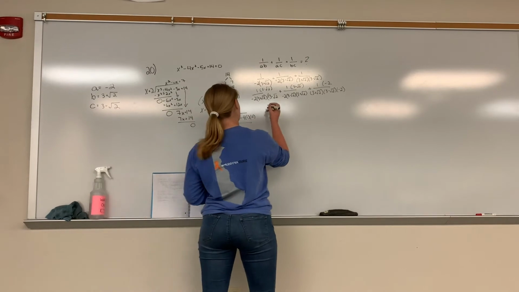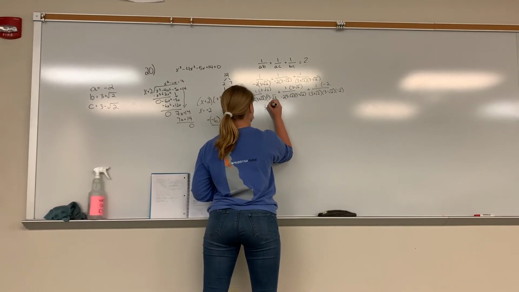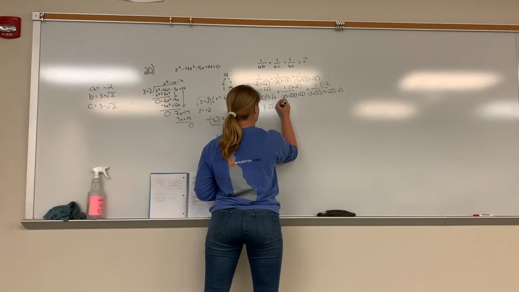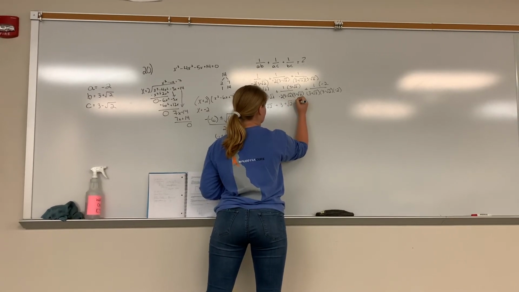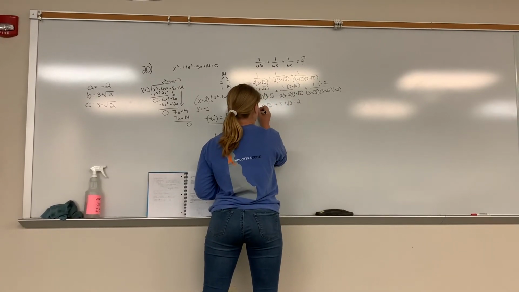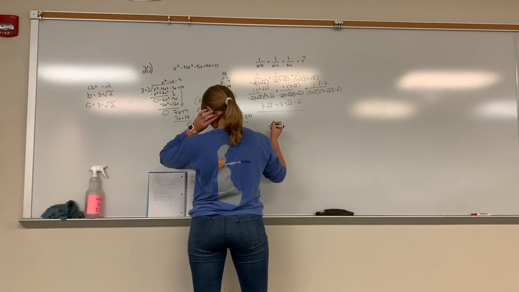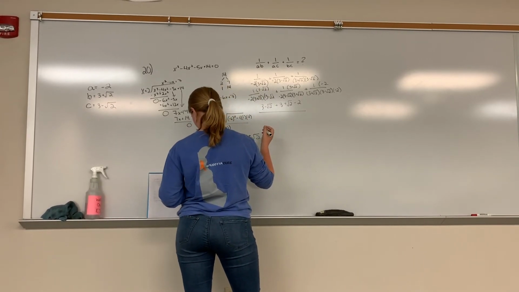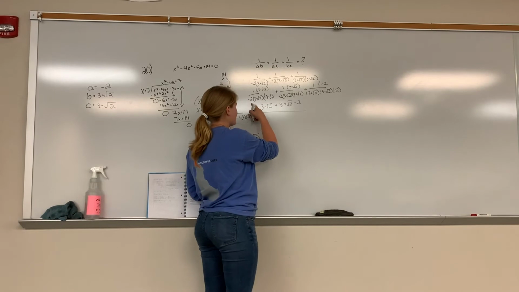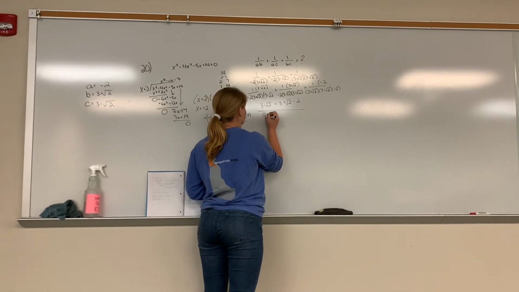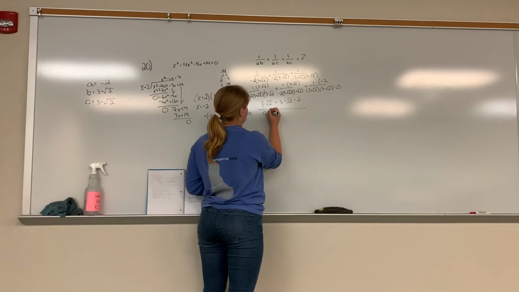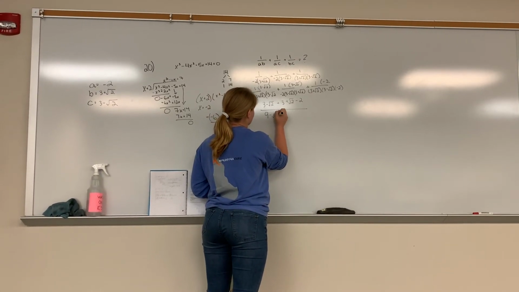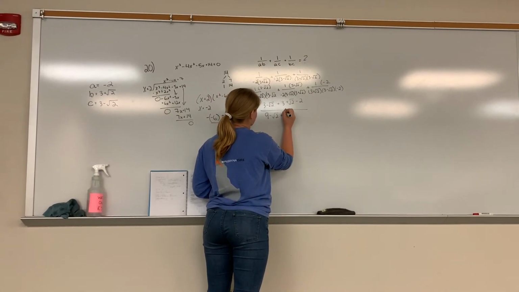You're going to get 3 minus the square root of 2, plus 3 plus the square root of 2, minus 2, and all of that goes over, so we simplify this down. We get 9, and then the square root of 2 minus the square root of 2 plus the square root of 2.